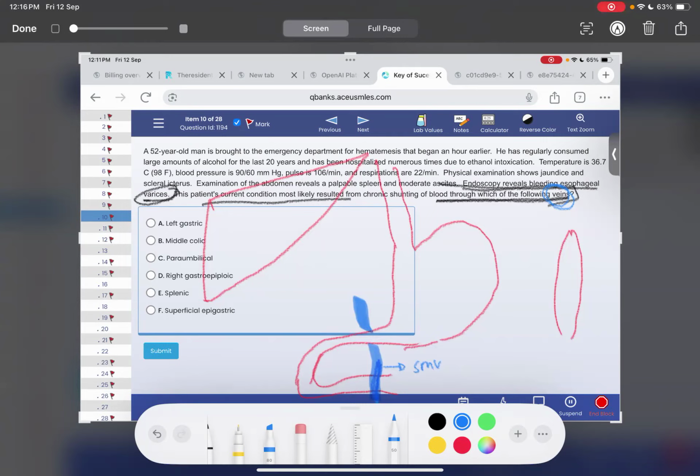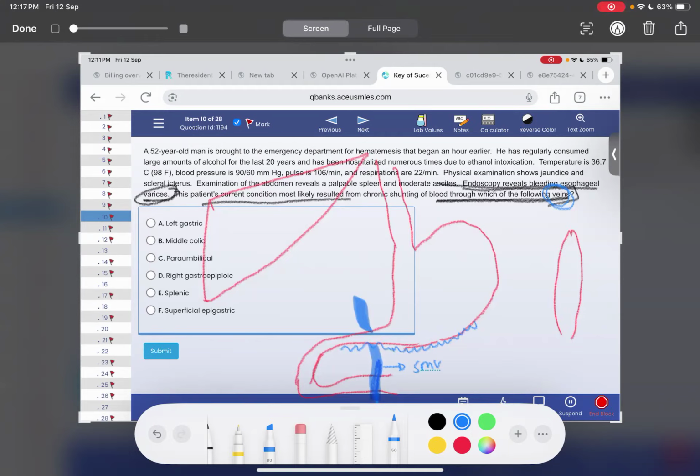Now, what are the tributaries of the superior mesenteric vein? This comes over from this part. The artery and vein have the same name.